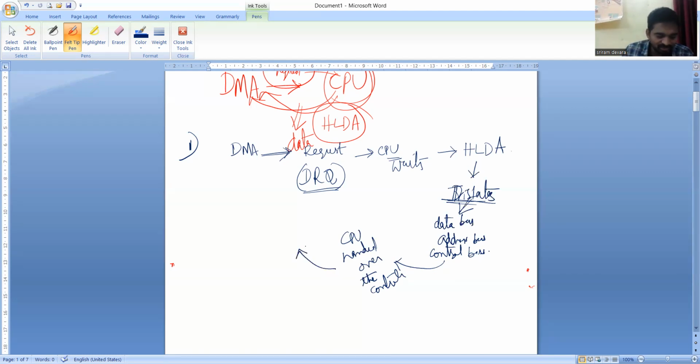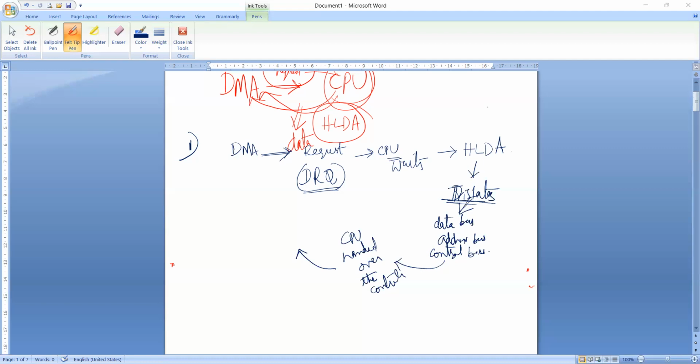Now the CPU is in hold state, and the DMA controller has to manage the operations over the buses between the CPU, memory, and external IO devices. This is what happens first. Initially, the DMA controller sends the hold request to the CPU, and the CPU asserts the HLDA signal until it holds all the control buses.